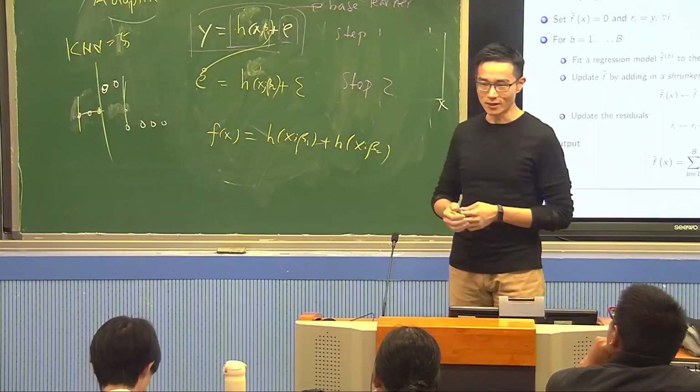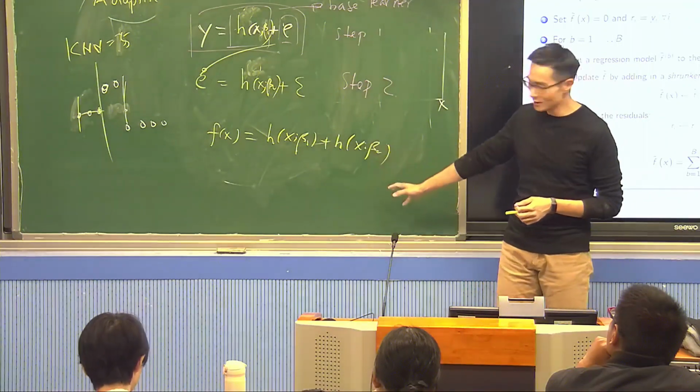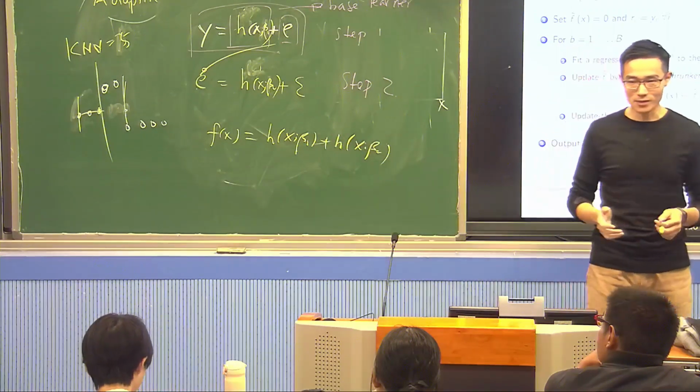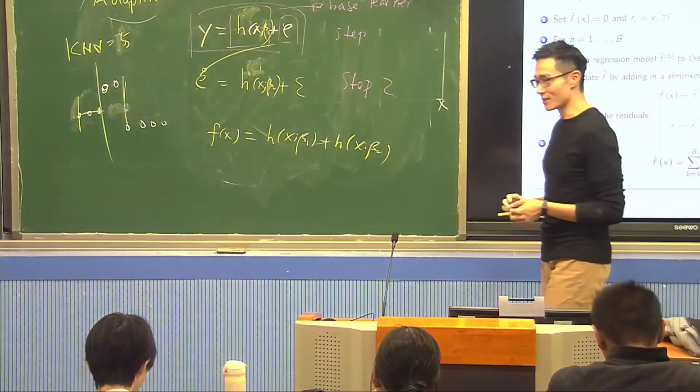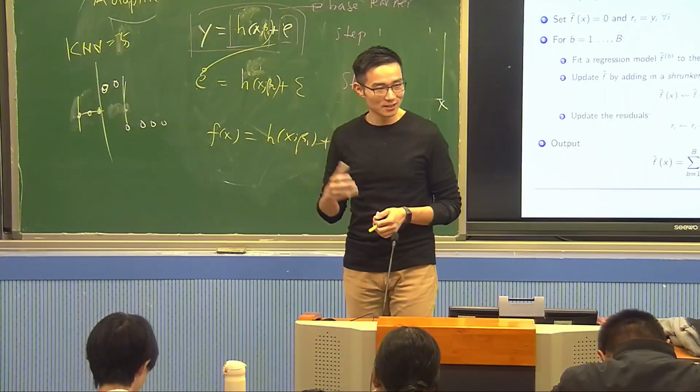I'll talk about how to decide when I'm done. But until I'm done, I add all of them together into a final result, and that's called boosting. And it's more powerful than this simple setup may let you think.